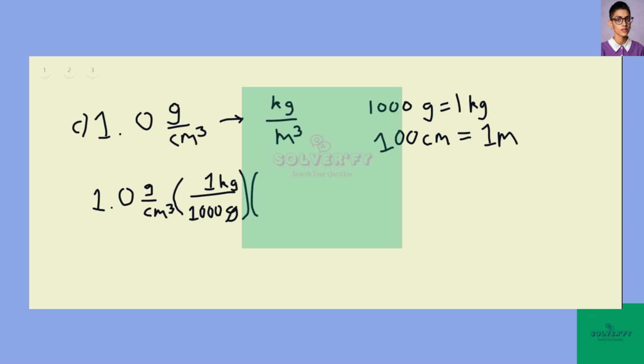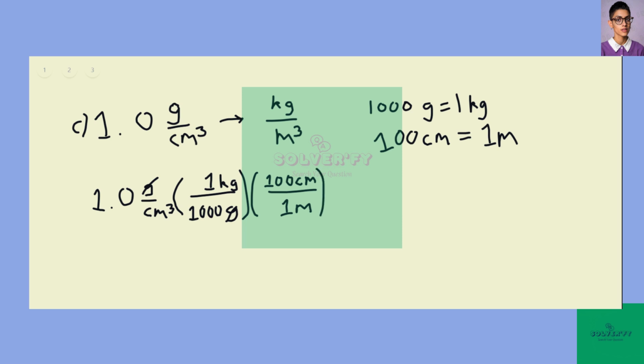Great, so now we can get rid of these grams. Next we want to get rid of the centimeter cubed. The cube part we'll hold off on for just a second. First we recognize centimeters are on the bottom, so we want to put centimeters on top over 1 meter.